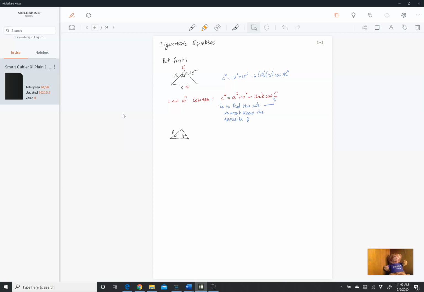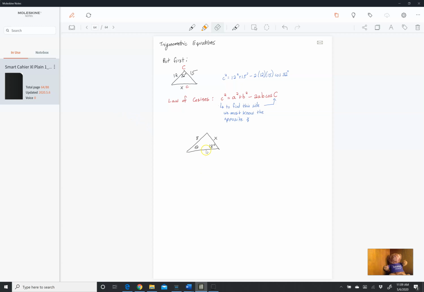So this time, let's say that we're looking for an angle. I'm going to make this triangle a little bit bigger because you can't really see it. So this is 8. This is theta. This is 18 degrees, not drawn to scale. And this is what we're trying to find.